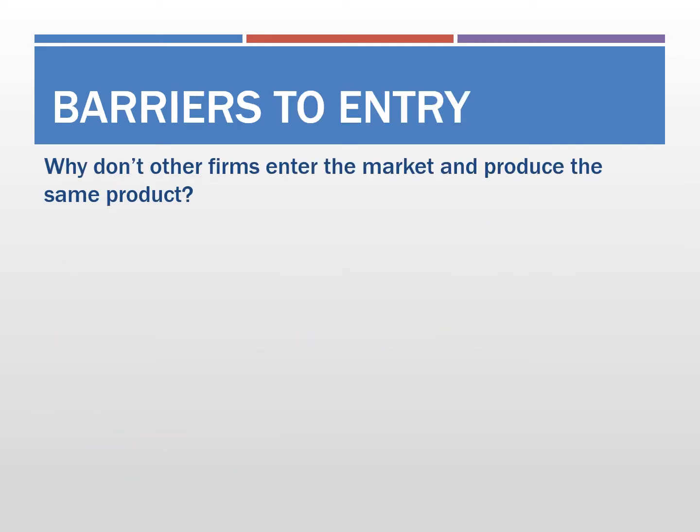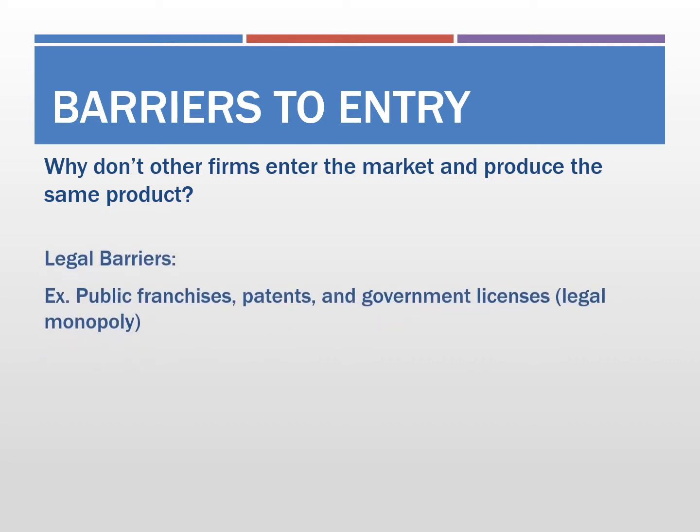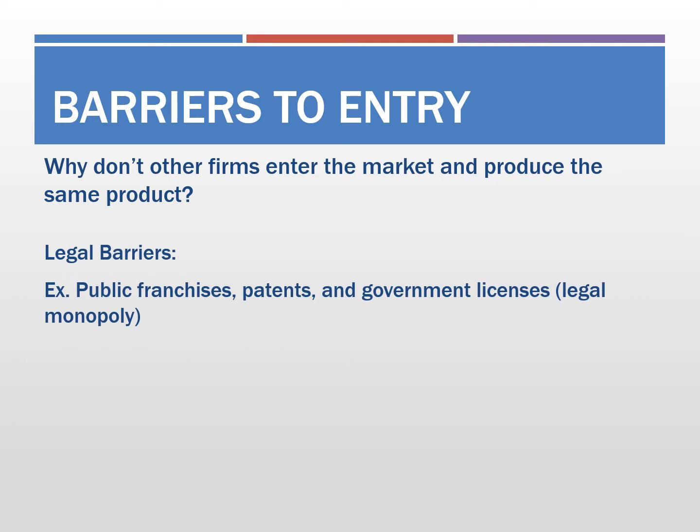Well, let's talk about how the barriers to entry will define the types of monopoly. The legal monopoly is basically created by a legal barrier. Some of these barriers include public franchise, patent law, and government licensing.